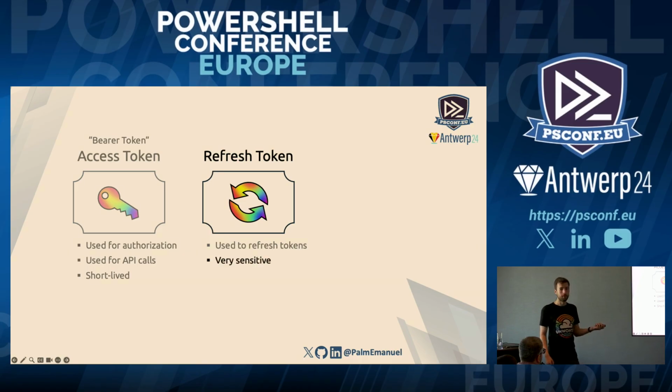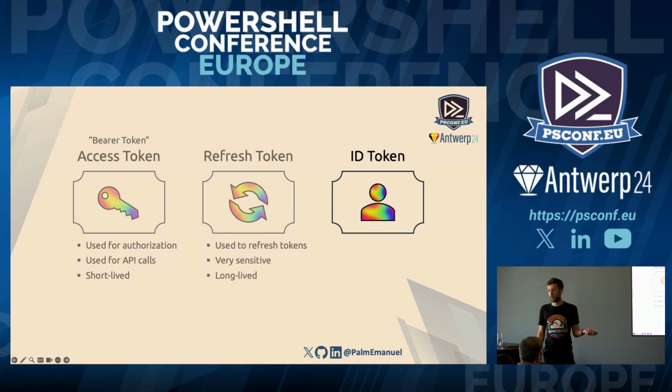These are very sensitive and they're long-lived because they can refresh tokens. They can not only refresh access tokens, but they can also refresh themselves. So on a device that is enrolled to your organization, for example, you have something called a primary refresh token, which is stored securely on your device. And it refreshes itself to keep up things like single sign-on to your organization, those type of things.